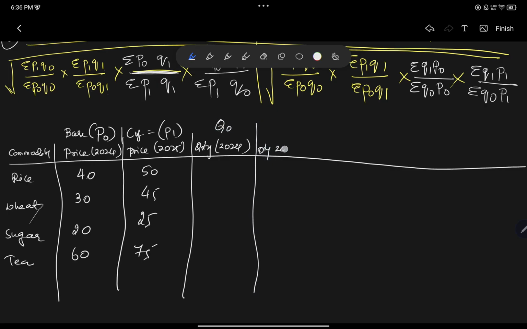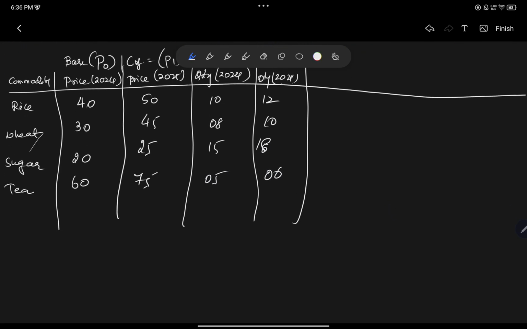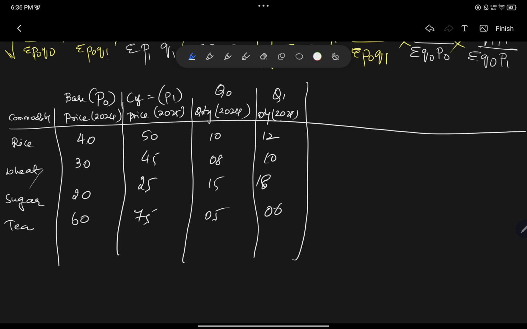Quantity of 2025 is Q1. So now 10, 12, 8, 10, 15, 18, 5, 6. So this is about your P0, P1, Q0, Q1. All this data we have.